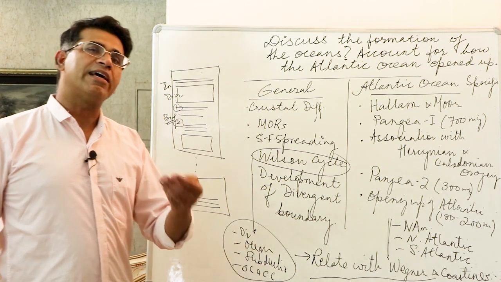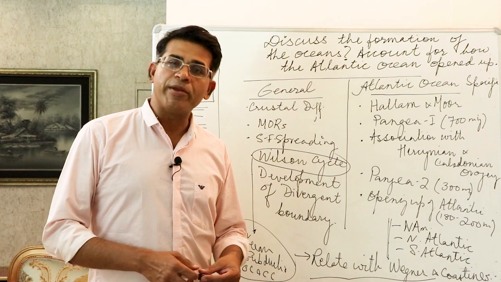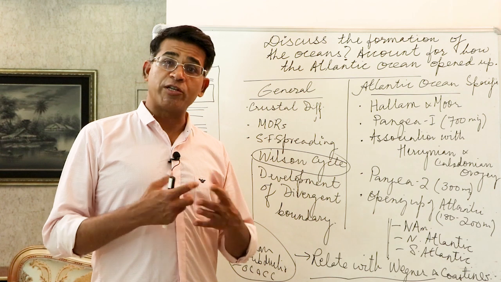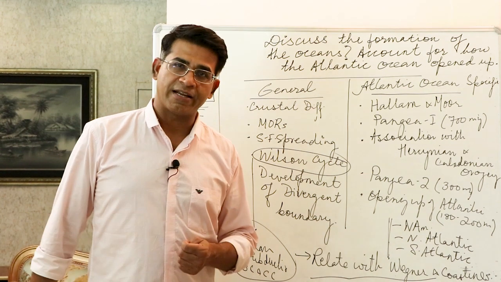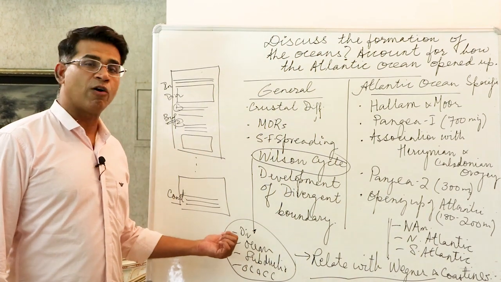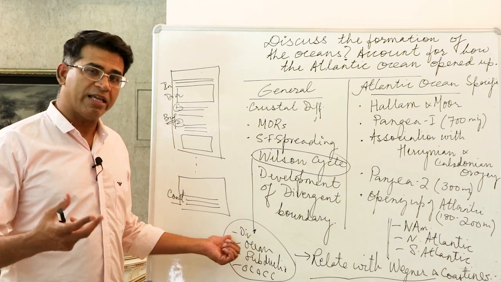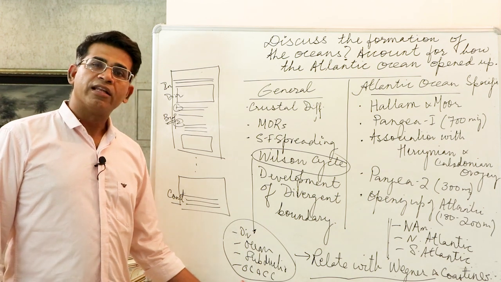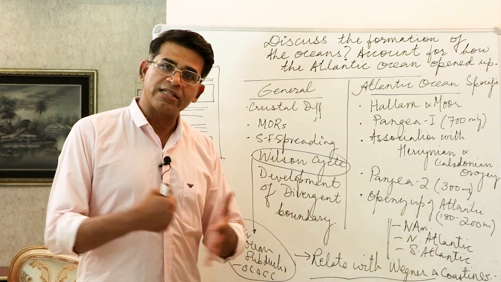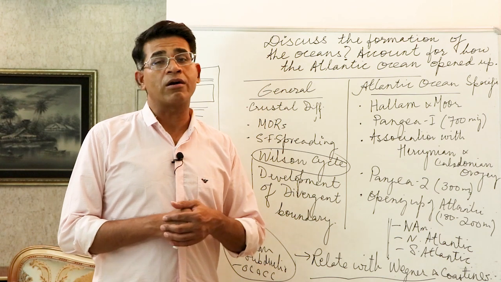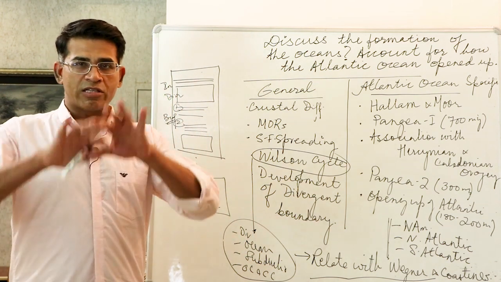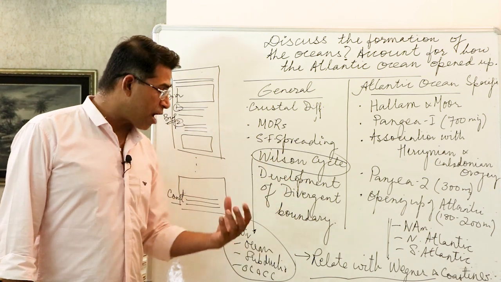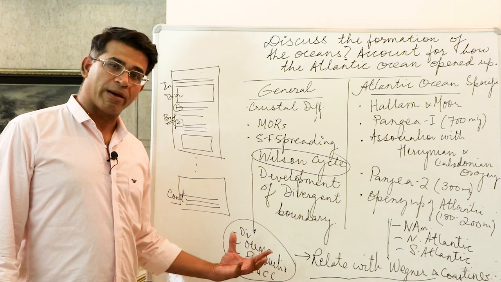It has stages: an embryo stage, an adolescent stage, a young stage, a mature stage, and a senile stage. The embryo stage starts with the first divergent boundary and the development of the Red Sea, and it ends in the OC collision and CC collision along with the continental fusion. This sequence is called the Wilson cycle, and it is very much part of understanding how the oceans open up.